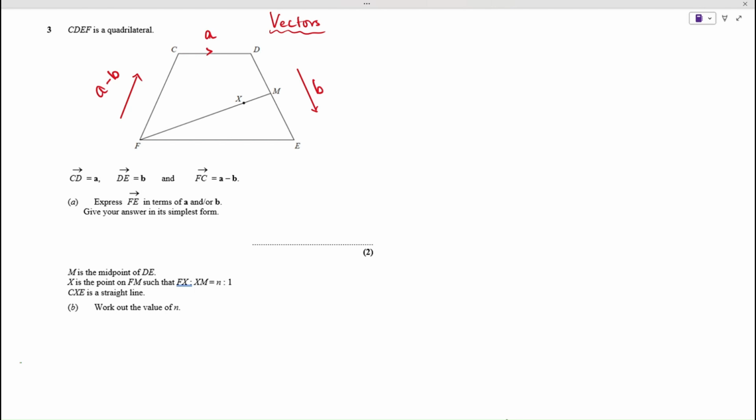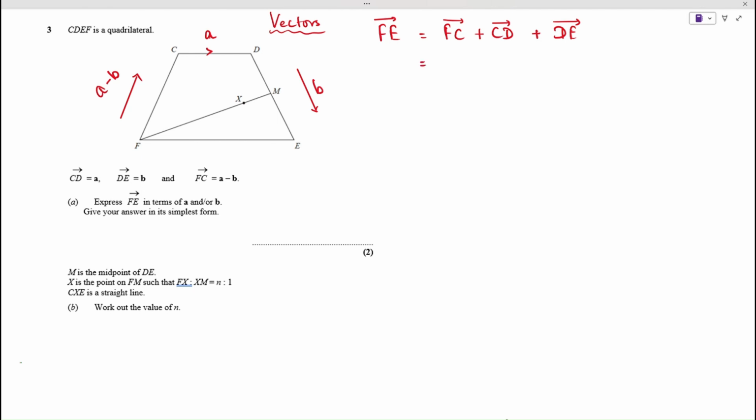So with all vectors questions, we're first going to identify the path that we're going to follow. To go from F to E, we're going to follow the path of F to C. So F to E is equal to F to C plus C to D plus D to E. And now we're going to take the values in each route.